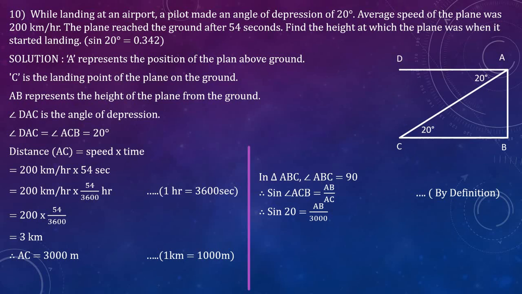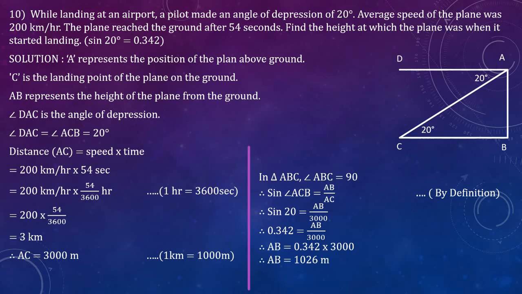So we get sine of 20 is equal to AB upon 3000. The value of sine 20 is given, that is 0.342. So substituting it we get 0.342 is equal to AB upon 3000. So now let us multiply these terms. We get AB is equal to 0.342 into 3000.